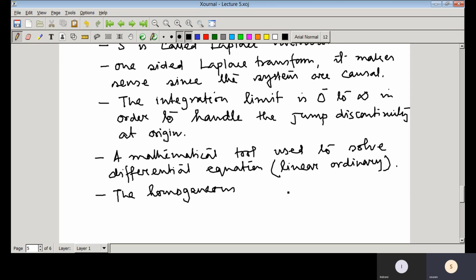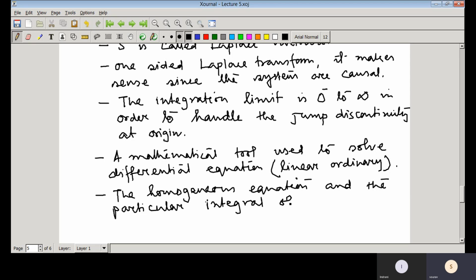The homogeneous equation and the particular integral of the solution are obtained in one operation, as you all know.